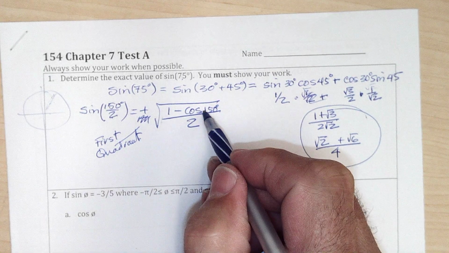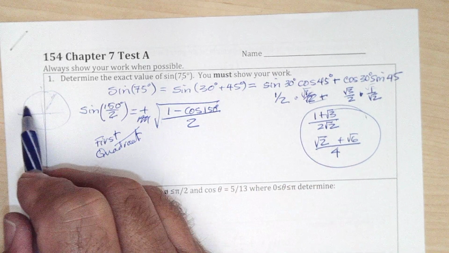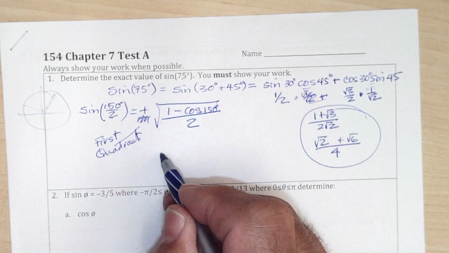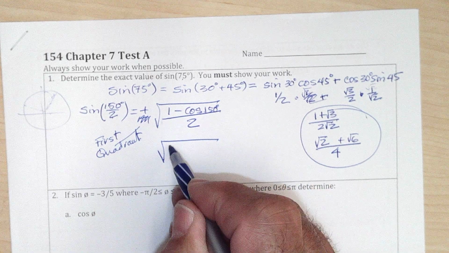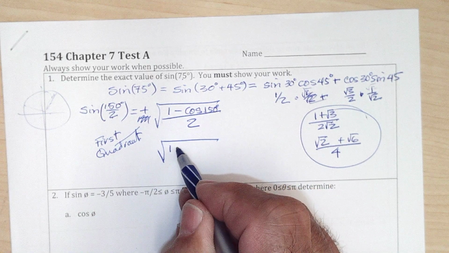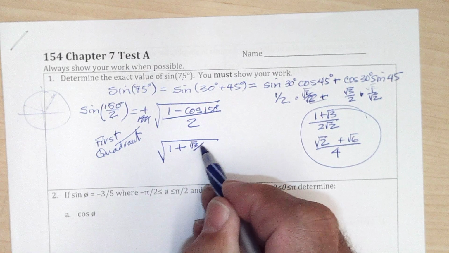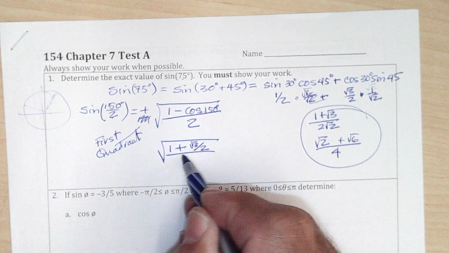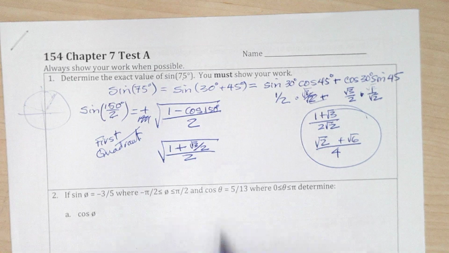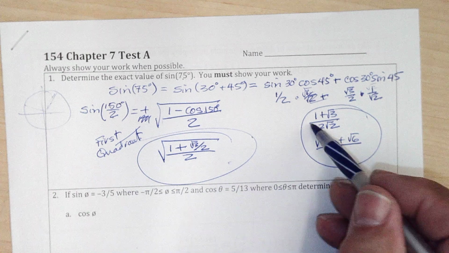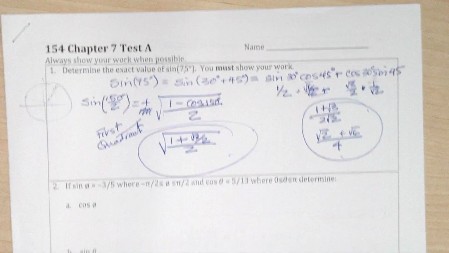And the cosine of 150, that's not in the first quadrant. That's over here, and that's minus the square root of 3 over 2. So we get the square root of 1 minus a minus, which is plus the square root of 3 over 2, over 2. That could be simplified a few ways, but any of these answers is fine.